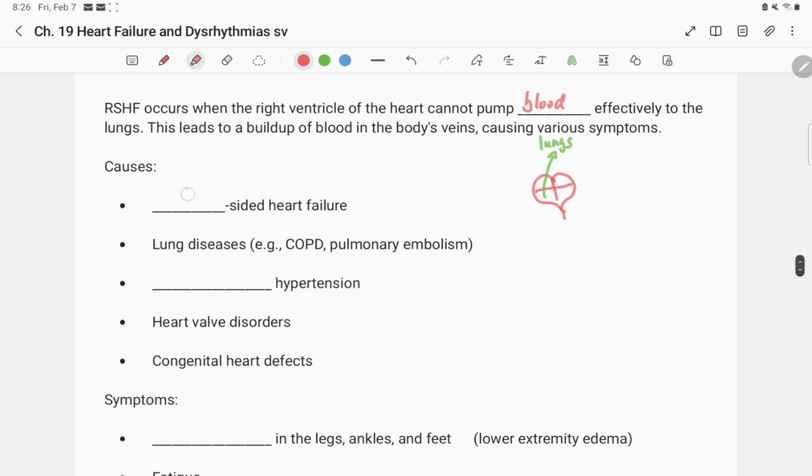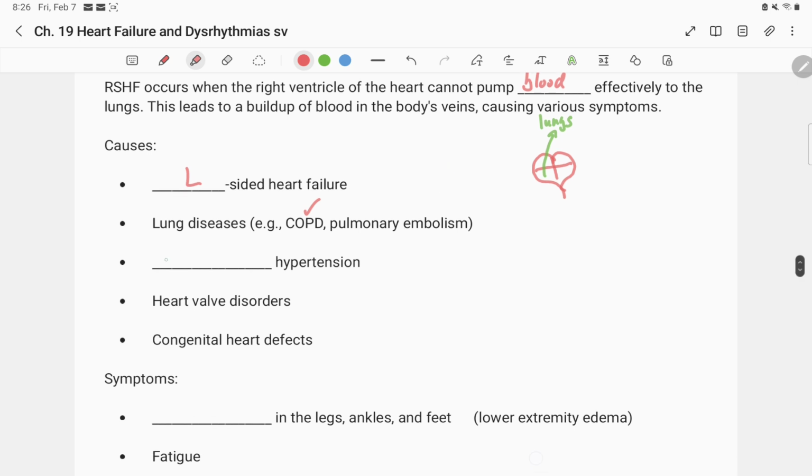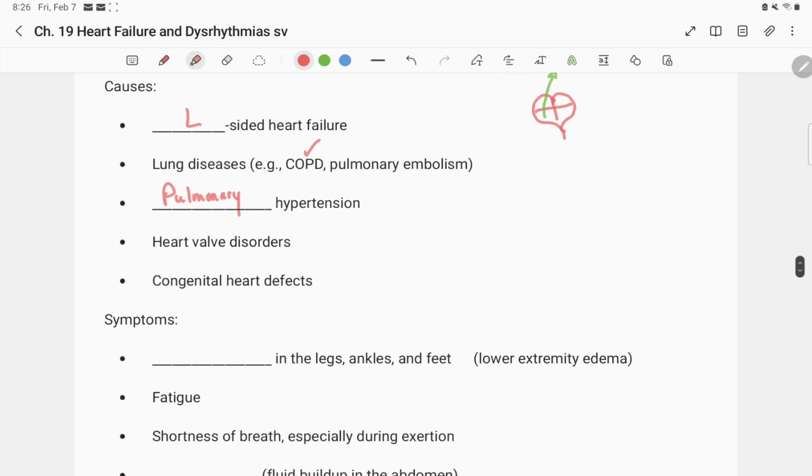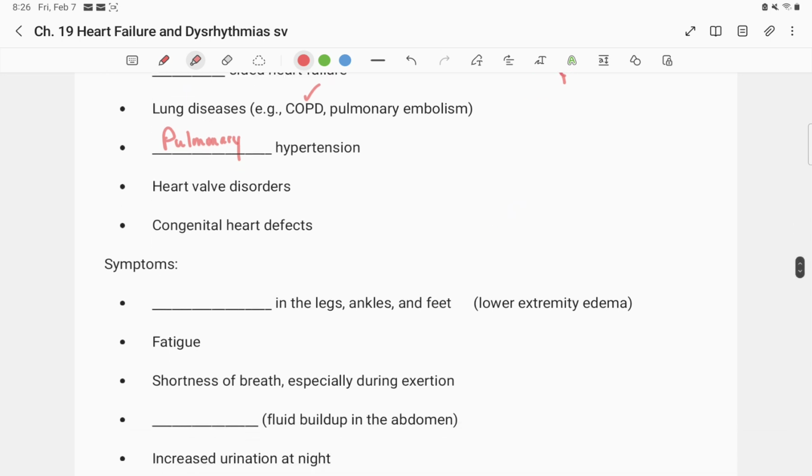Okay, causes of this can be left-sided heart failure, lung disease, so COPD, pulmonary embolism, pulmonary hypertension can cause right-sided heart failure, heart valve disorders, and a congenital heart defect.